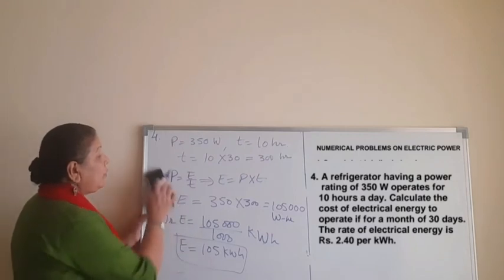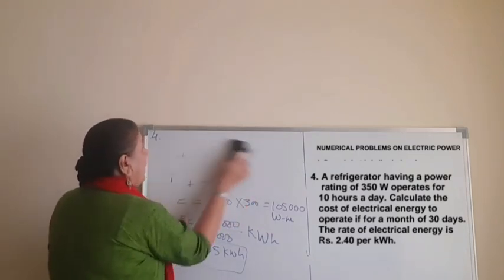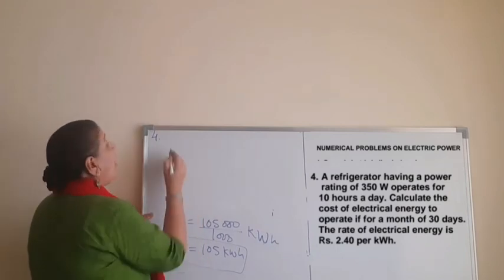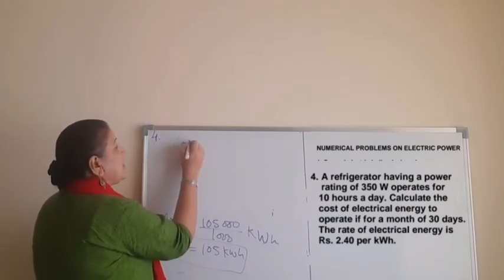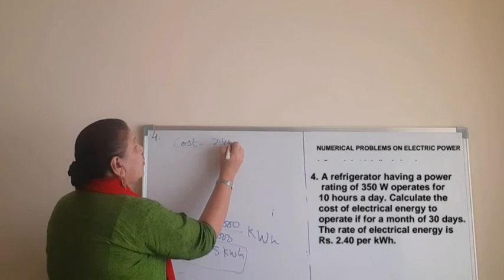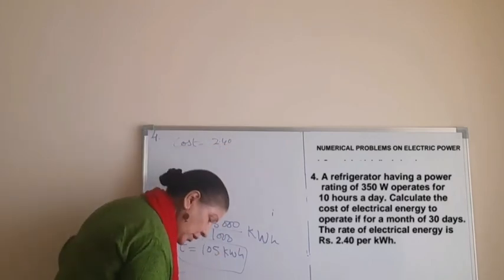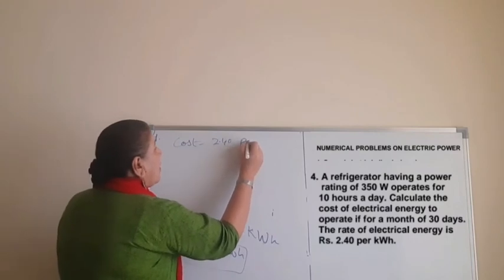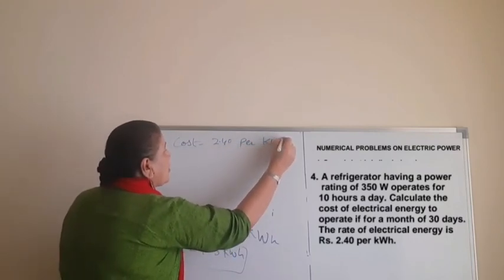Now you have to bill it. The cost is given to you as 2.40 rupees per kWh.